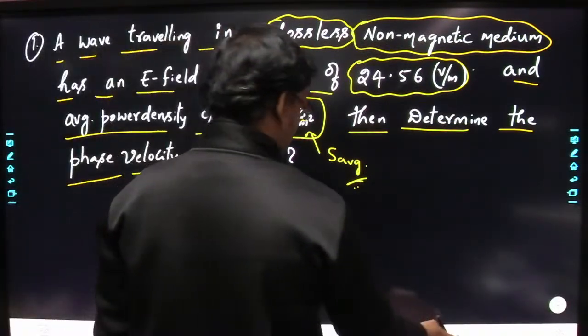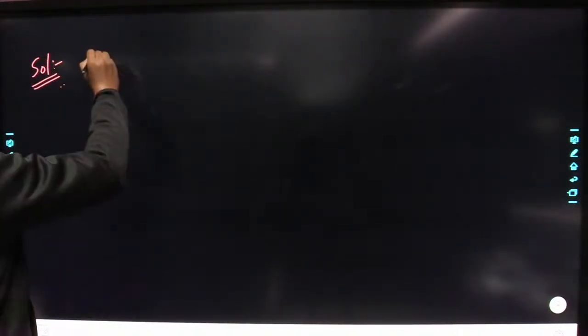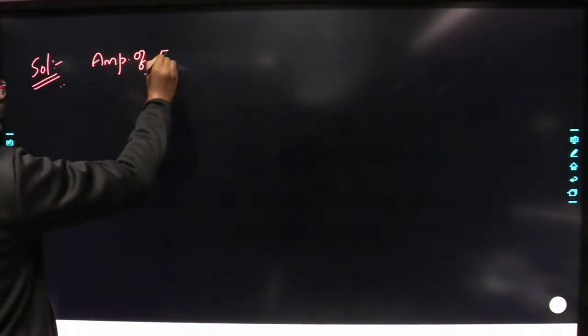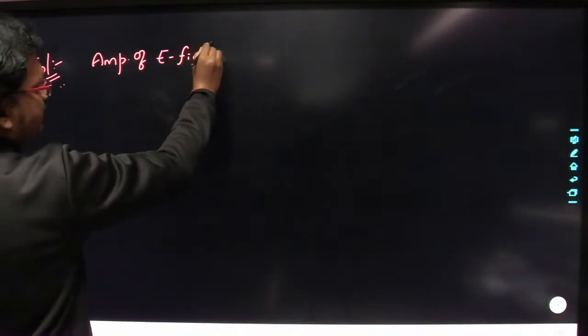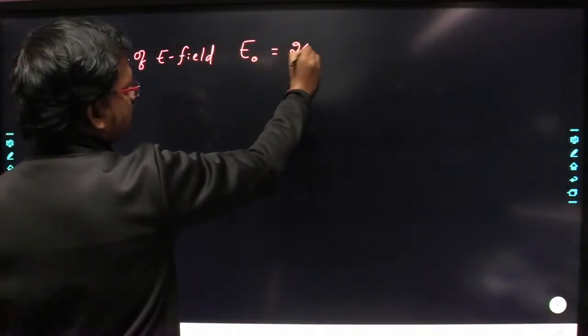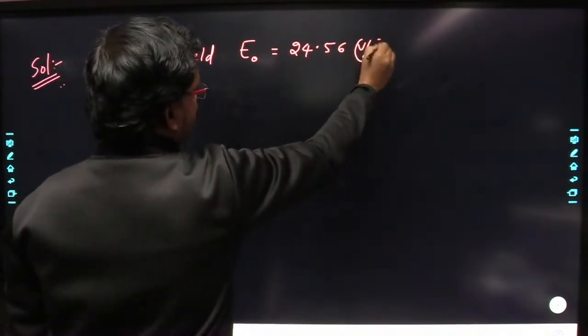So see here, what have they given? They have given the amplitude of the electric field, which I am representing with E naught, equal to 24.56 volt per meter.